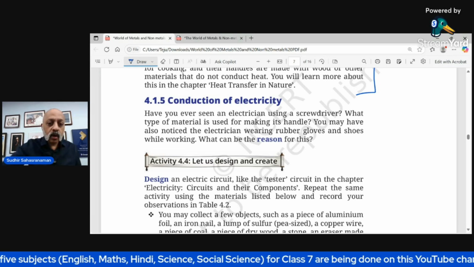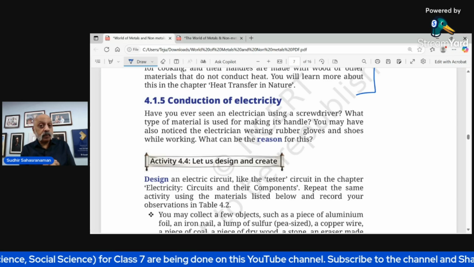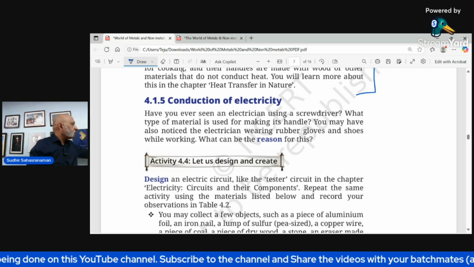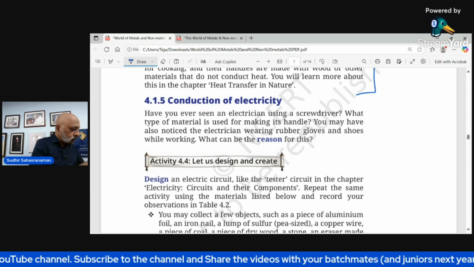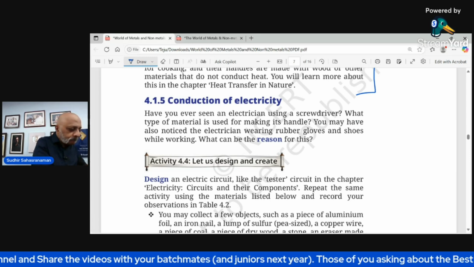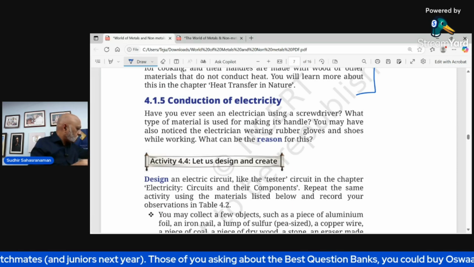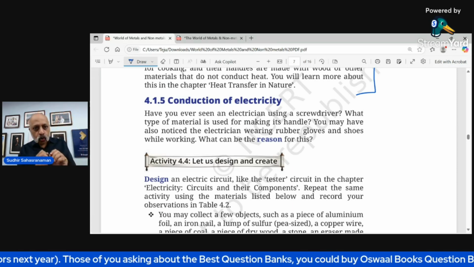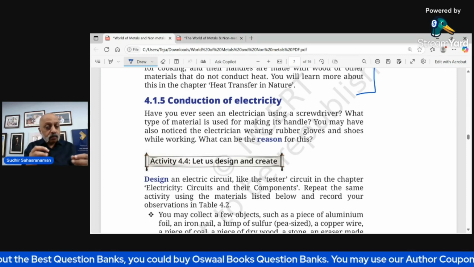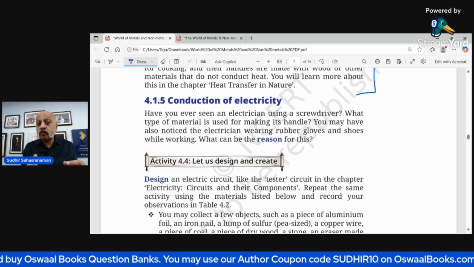Okay. So now, if you have ever seen an electrician who comes to your house to repair something, he will always be carrying a screwdriver, and the tip will be made of a metal, but the screwdriver is generally made of a material which is not a good conductor of electricity.